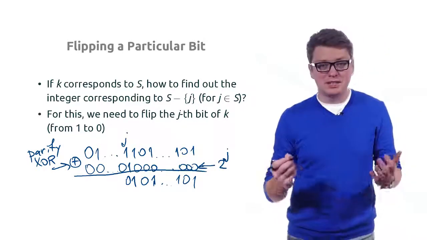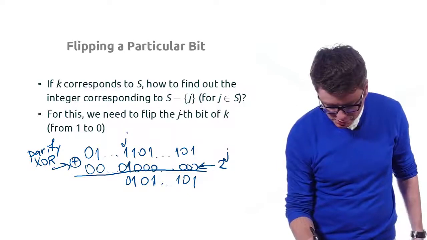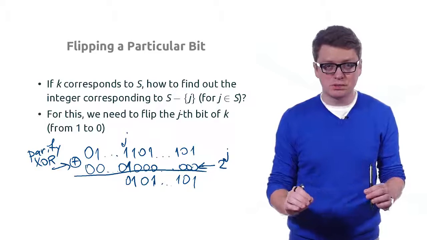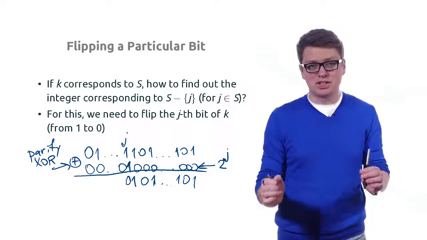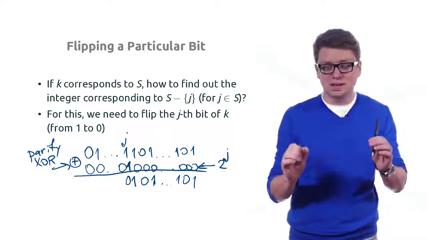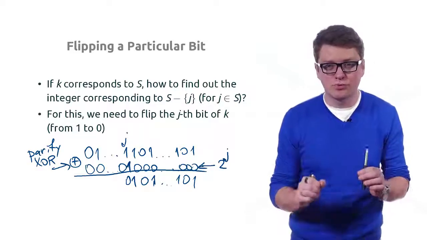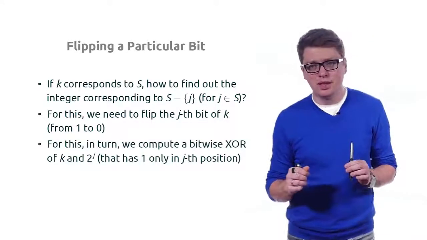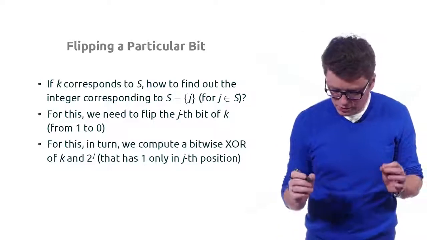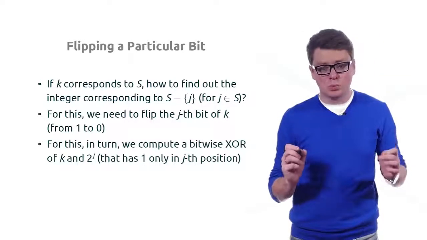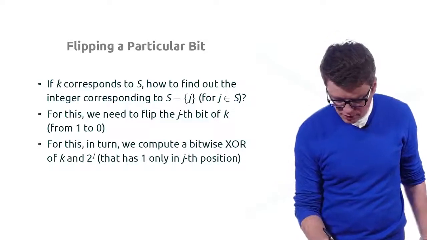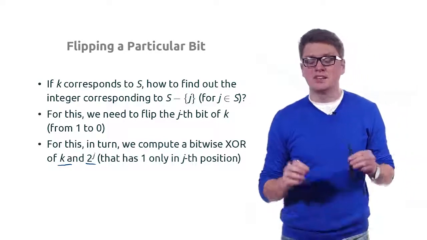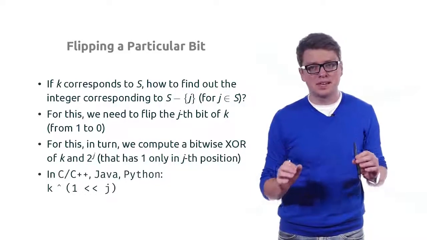Indeed, this 1 in the jth position means that the decimal number corresponding to this binary number is just equal to 2 to the j, right? Now let's write this down. In order to flip the jth bit, we need to compute the bitwise XOR of k and 2 to the j. And finally, this is how it can be done.